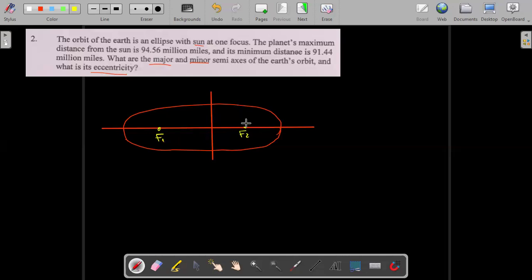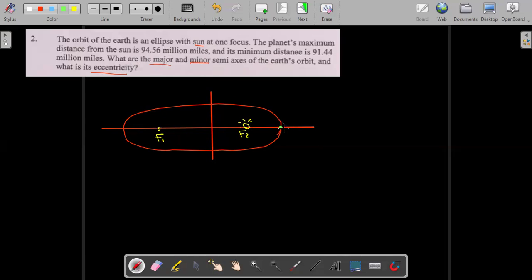So let's say the Sun is here at F2, like this. I'll draw the Sun here. And this ellipse is the orbit of the Earth. So let's say the Earth is here.